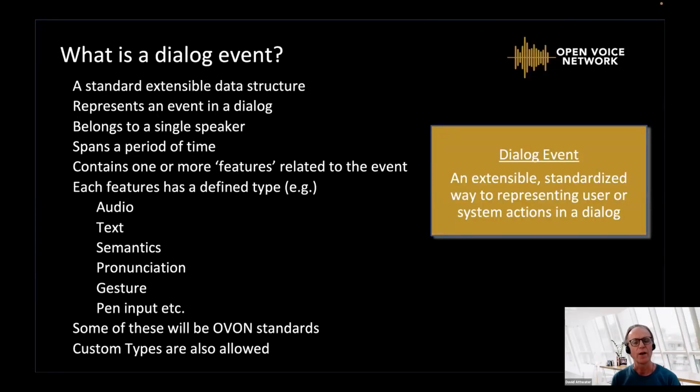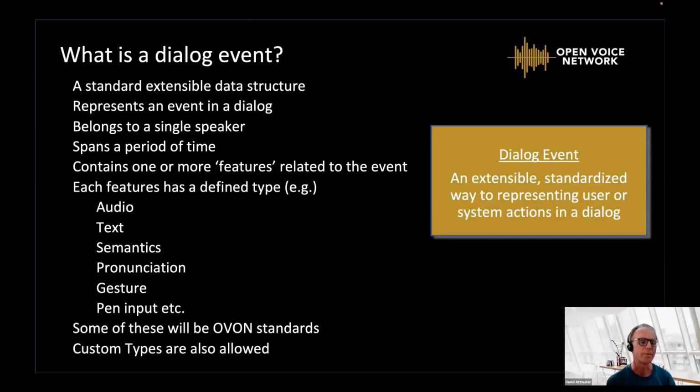So whereas for a graphical user interface, an event will be something like clicking a button or moving a mouse or displaying an image, in dialogue, events belong to a speaker. They span a period of time, so they don't occur at a point in time. They actually span a period in time, which may be a few milliseconds up to several seconds. And that span then can contain one or more features related to that dialogue event. The features are in what we call layers.